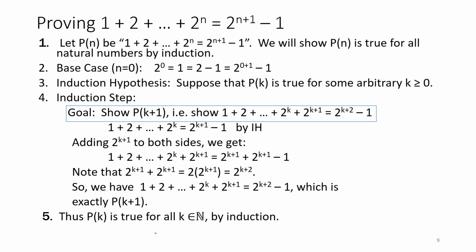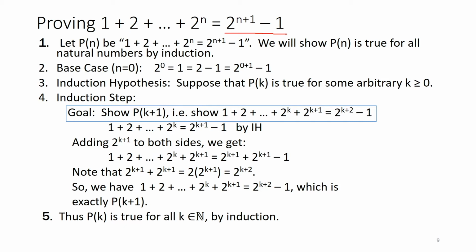This is an example. We have the summation of 2 to the i, from 1 to 2 to the n, and this can be written as 2 to the n plus 1 minus 1. If we write down each step, you can find this pattern.